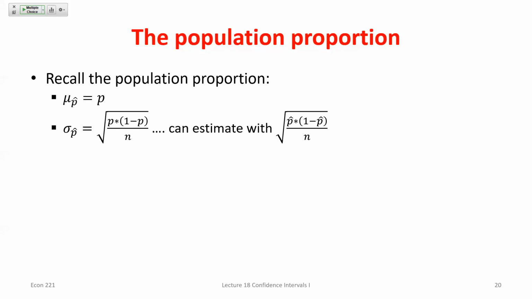Now I have an equation for this. So I could do it all in one formula here. And this is going to be the equation of my confidence interval for using a sample proportion to build a confidence interval for the true population proportion.